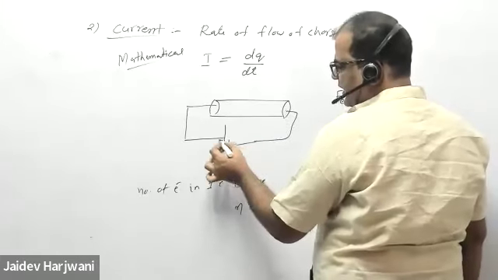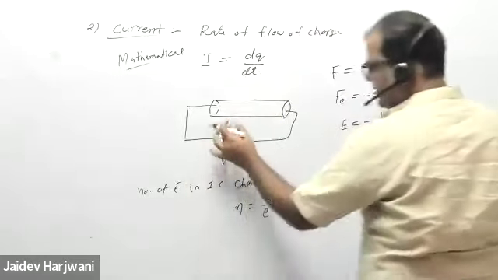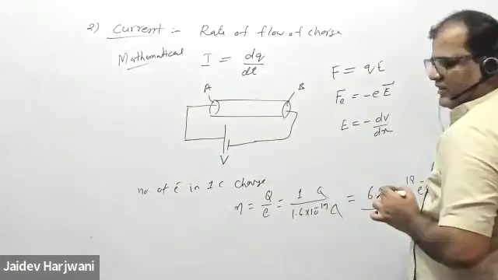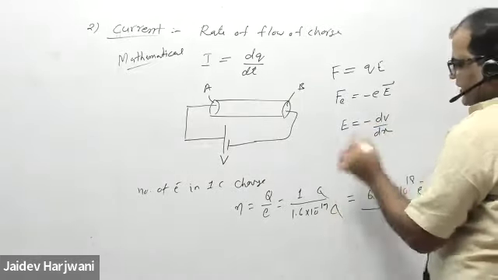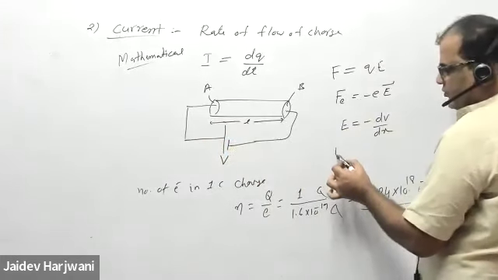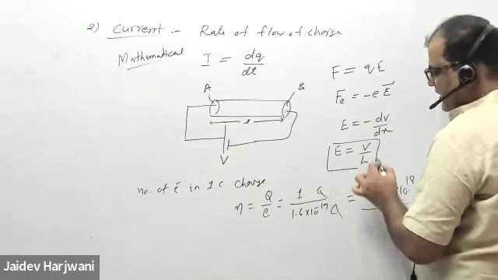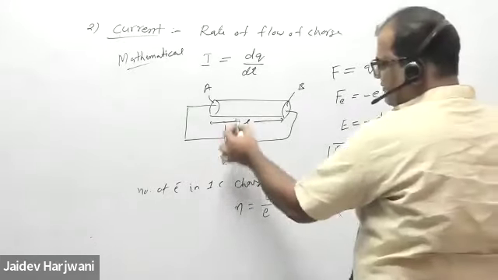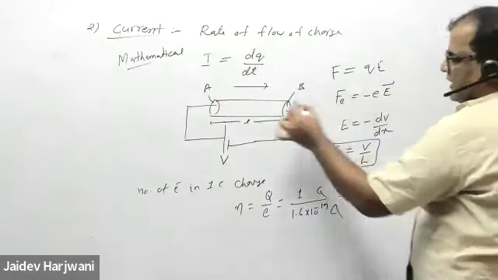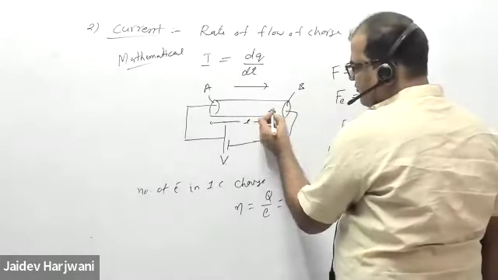This is the ground, and here is a voltage V. So I am creating a voltage difference of V between the ends, say A and B. If the length of this conductor is L, then I can produce a constant electric field, talking only about the magnitude, E equal to V by L. When I apply a battery, the electric field direction will be from A to B. Because of this field, the electron in the section will experience a force in the opposite direction, and will start moving.